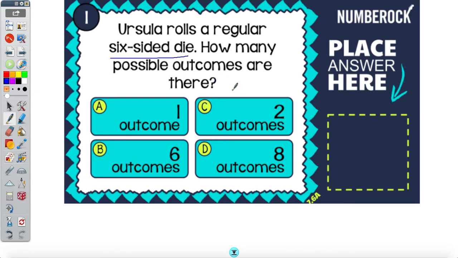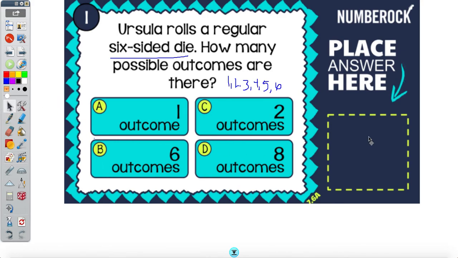You probably don't need a sample space for this one, but if you decide to use one, you have the options 1, 2, 3, 4, 5, and 6. That gets us a total of 6 outcomes.